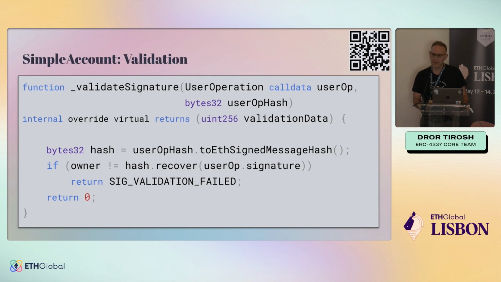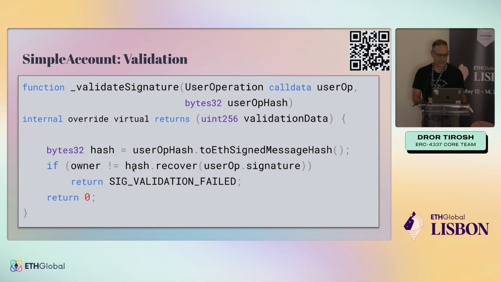This is the validation of our sample simple account. Simple account is an account that attempts to mimic an EOA. It performs the same signature check. So it uses OpenZeppelin to add the Ethereum signed message prefix to the hash and validate that the signature is valid over that.